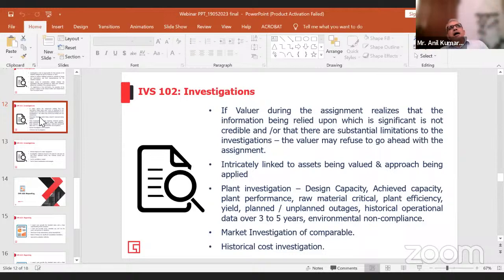And on the market side, I will inquire about the available machines, plant and assets, and the replacement cost. I'll basically focus on these two aspects. But if I'm using a combination of approaches, let's say I'm also using the income approach, then I may go into many other things.